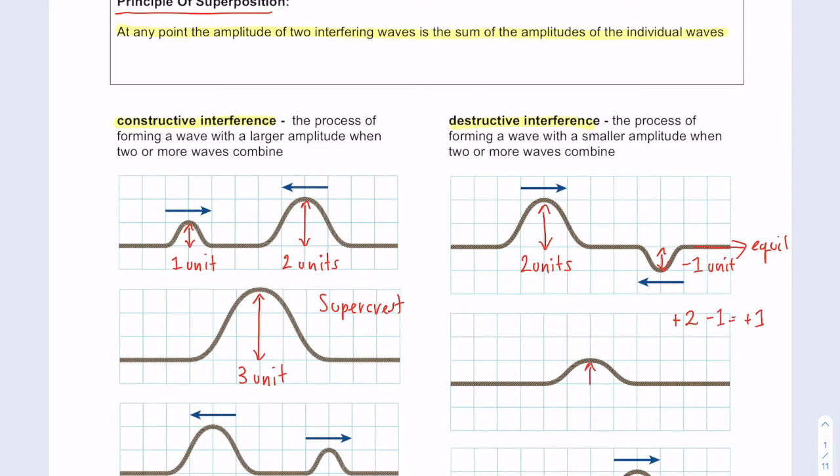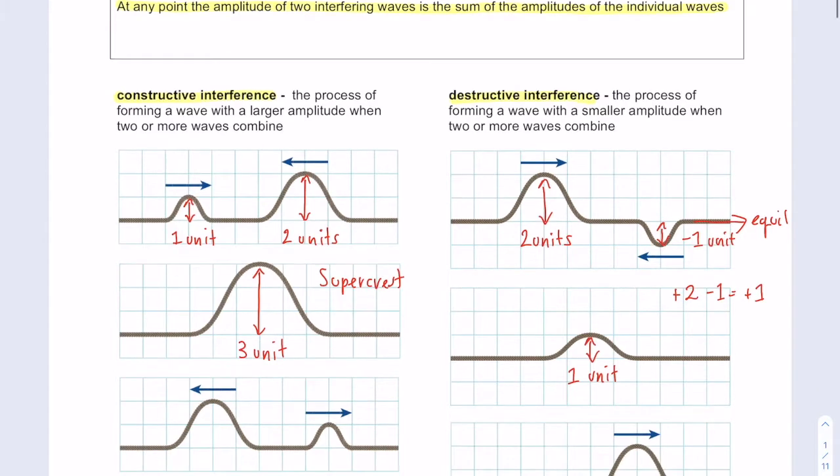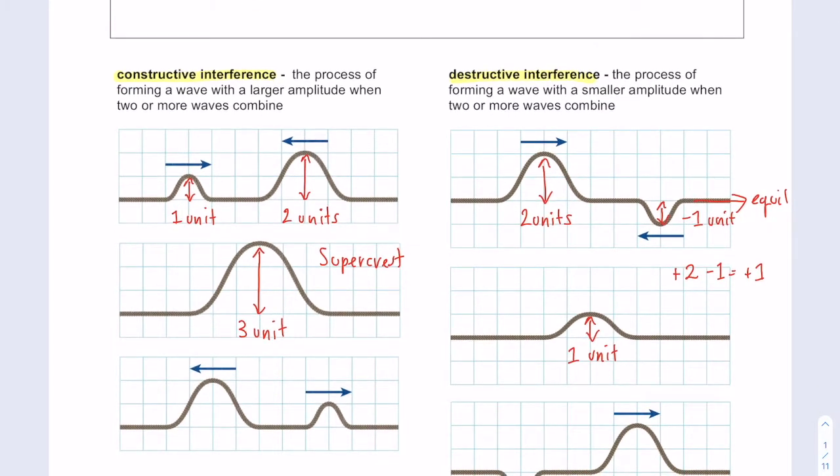We end up with a crest whose amplitude is 1 unit, the sum of the original amplitudes. When the interference is done, the two pulses continue past each other with their original amplitude and original energy intact, traveling in the same original direction.